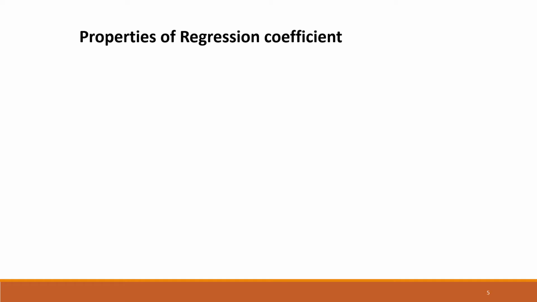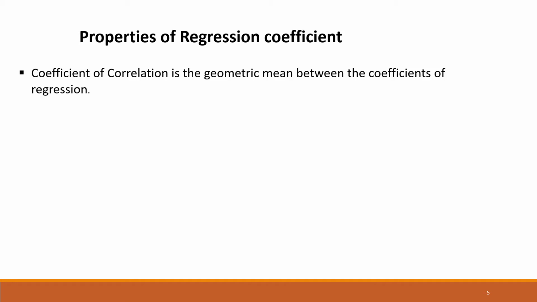So we have some properties of regression coefficients. The first property is the coefficient of correlation is the geometric mean between the coefficients of regression. The coefficient of correlation is denoted by small r, and the coefficients of regressions are bxy and byx.